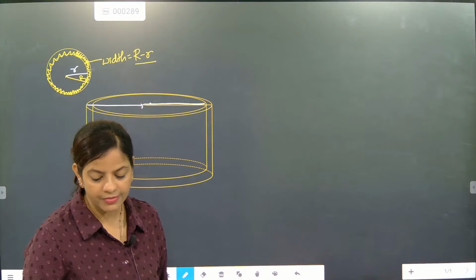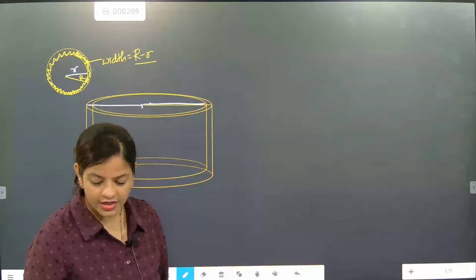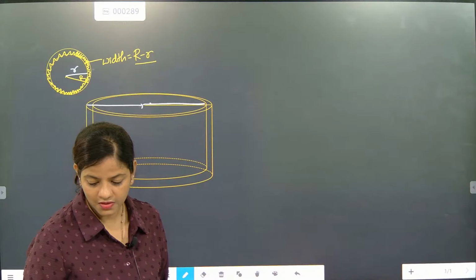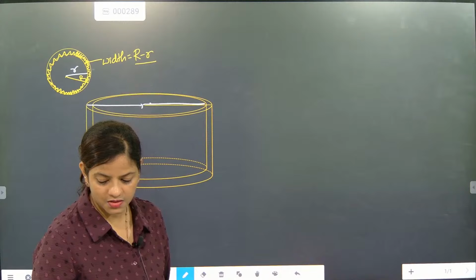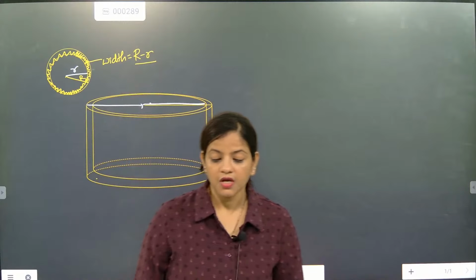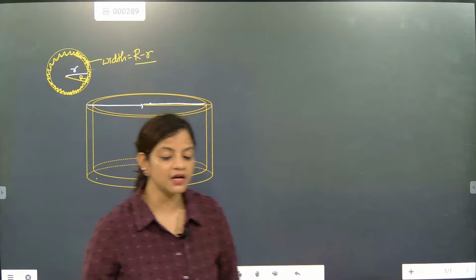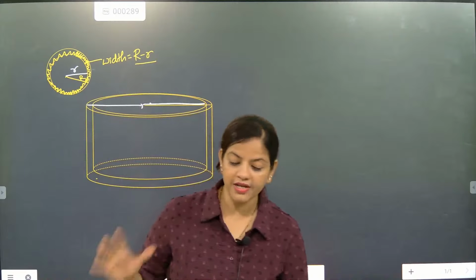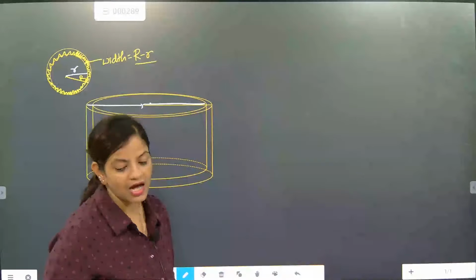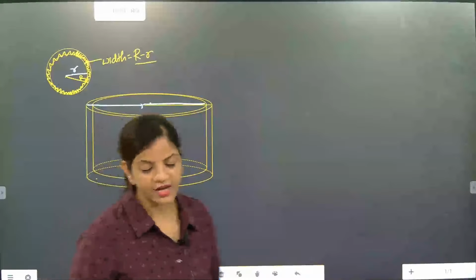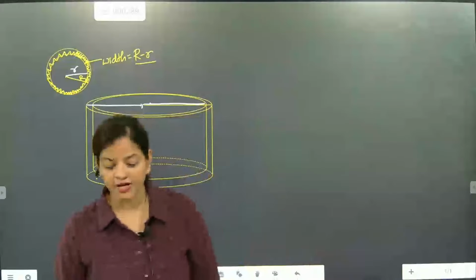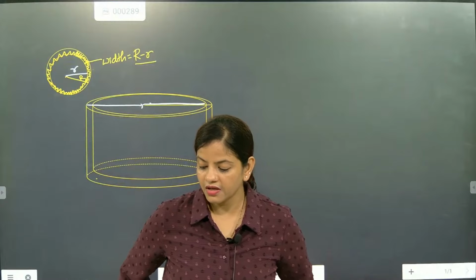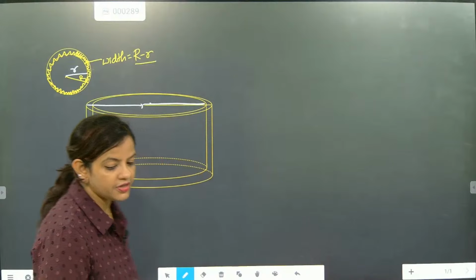The width is exactly coming from the internal and external radius. The difference, R minus r, is considered as the width.